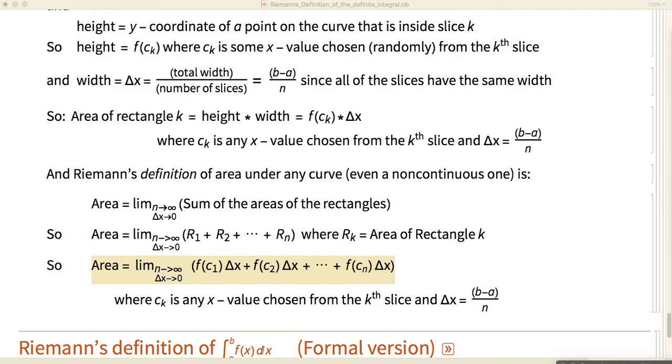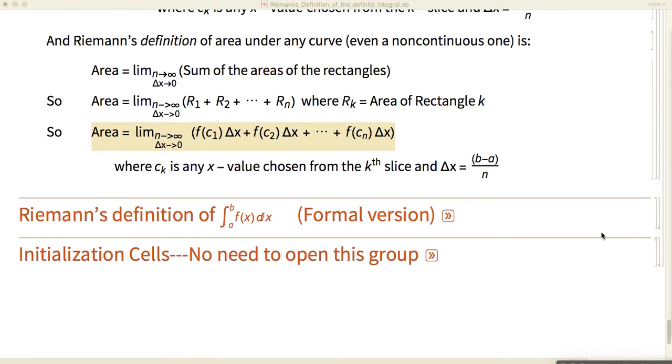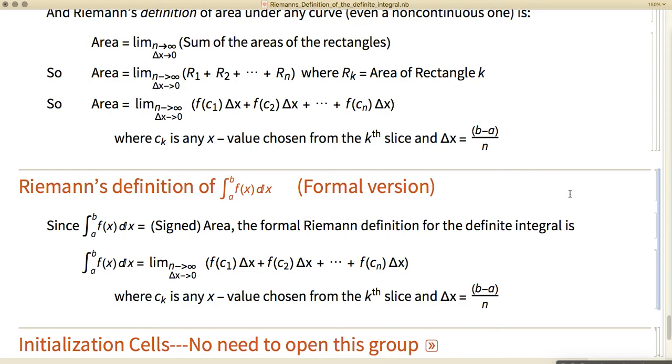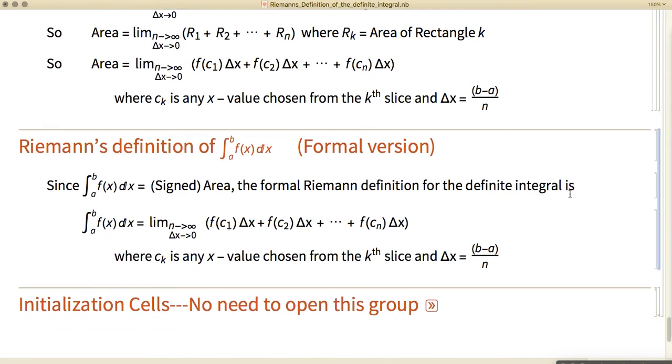And the net result of this is that we have the final formal definition of a definite integral, and it looks like this. The formal definition of the definite integral is the integral, let's see, I got to highlight that again.